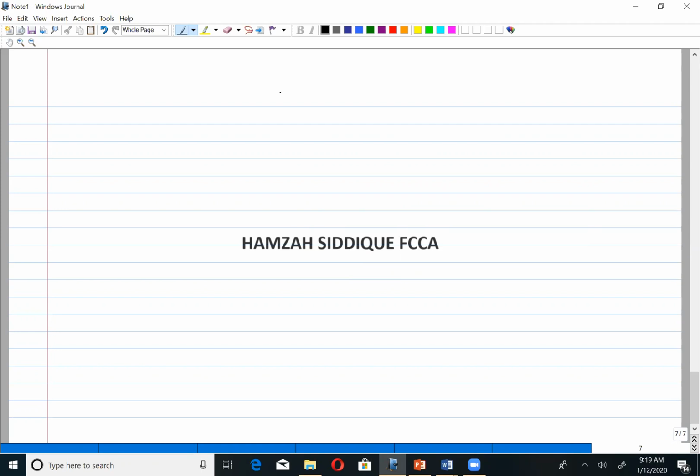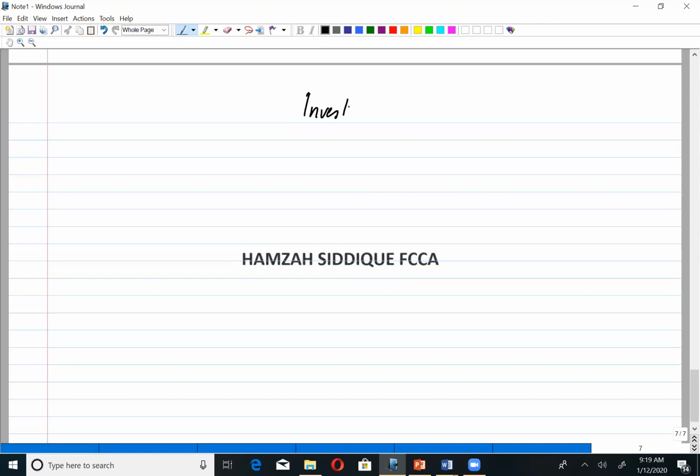Just like when they want to start a new factory, a new line of business, or launch a new product, they first want to appraise whether it will be worthwhile to invest in such a product or project or not. So students, investment appraisal techniques: there are different techniques and methodologies.